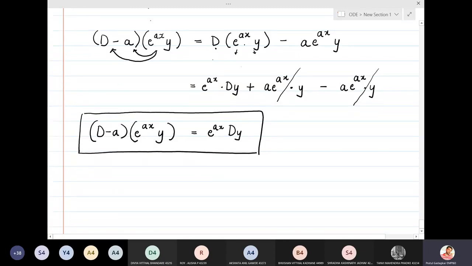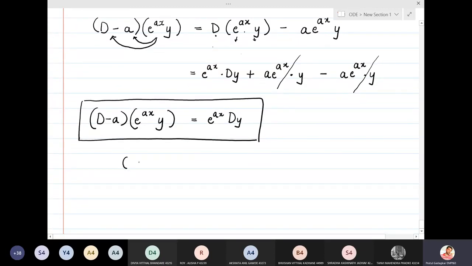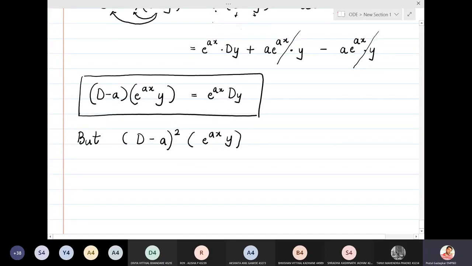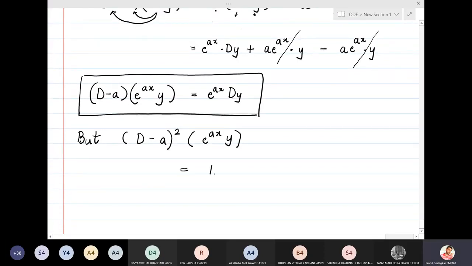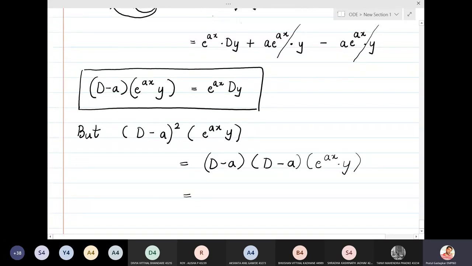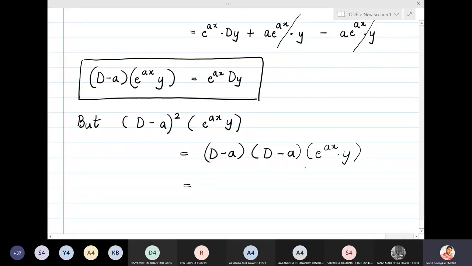But if I have D minus a square, what will happen? So D minus a square on e raised to ax y is equal to D minus a into D minus a on e raised to ax into y, which is equal to D minus a on e raised to ax y can be replaced by the above result, which is equal to what?